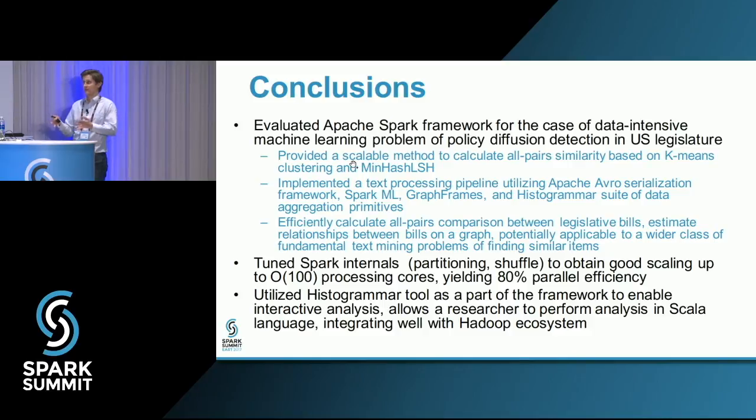We put it all in the pipeline and implemented ways for a user to do interactive analysis with the histogrammer package, and also took advantage of GraphFrames. We tuned the Spark internals, including partition and shuffle, to obtain good scaling up to order of 100 processing cores.